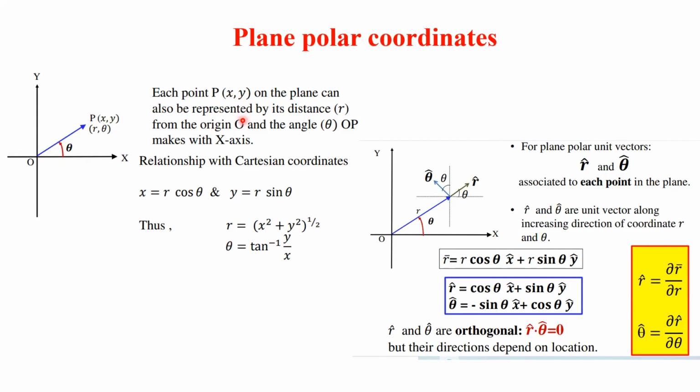So each point P of x comma y on the plane can also be represented by its distance r from the origin O and the angle theta OP makes with the x-axis. Therefore, I can find the relation that connects r and theta with x and y.